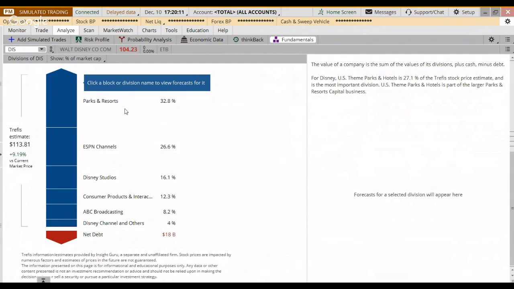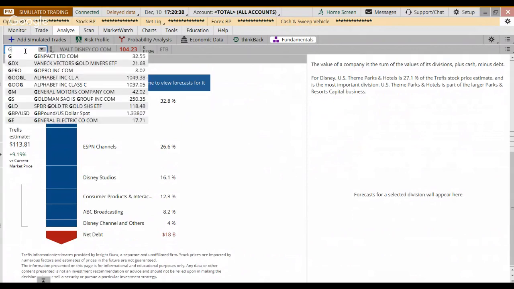Parks and resorts are a part of this, it will hit all of the stocks in that sector. And Disney having 32% of its company tied up in parks and resorts, they would get hit. So you do need to take a look at what actually drives your stocks, especially the ones in your watch list. Let's look at Google, I think.